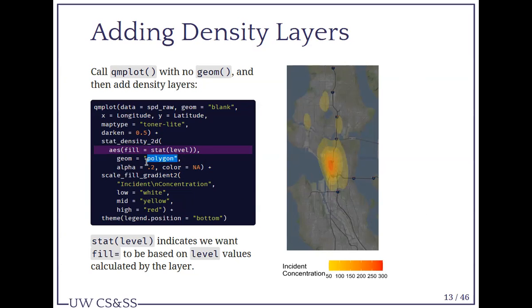Our geom is going to be polygon rather than a square or something, a different shape. And we're going to make it slightly transparent so we can see things on top of each other. And then we've given to the fill gradient white for a low amount of crime, yellow for middle, and red for high. And we can see that the incidents that happened were mostly downtown.